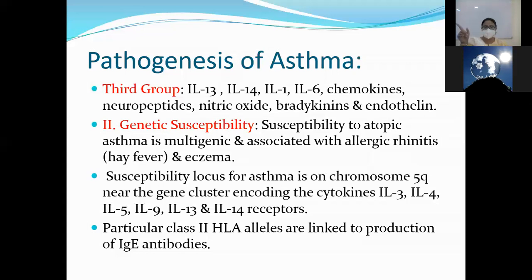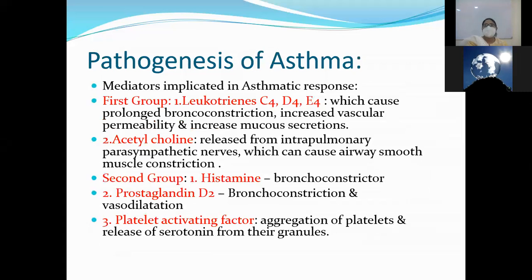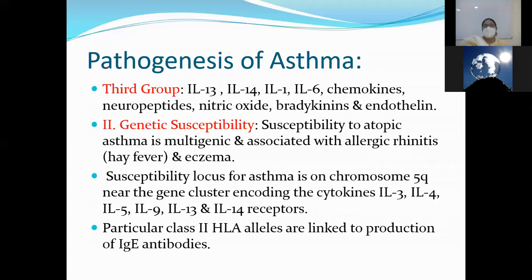Interleukin 4 causes increased IgE level, 5 causes increased eosinophil level, and 13 causes increased mucus secretion. Then there are three groups: the first includes leukotrienes and acetylcholine, the second includes histamine, prostaglandin, and platelet activating factor, and the third includes interleukins.